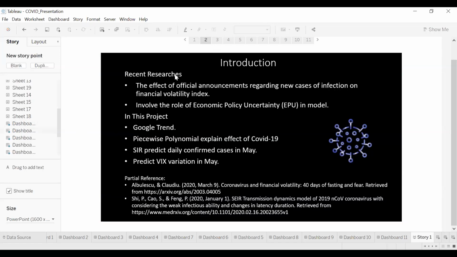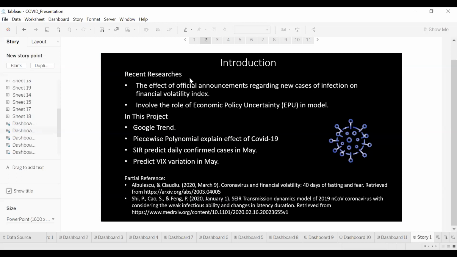For the introduction part, we all know now the devastation wrought by the COVID-19 outbreak is evident not only in the well-known global cases map produced by Johns Hopkins University, but it's also displayed in the downward pointing lines from stock markets around the world.